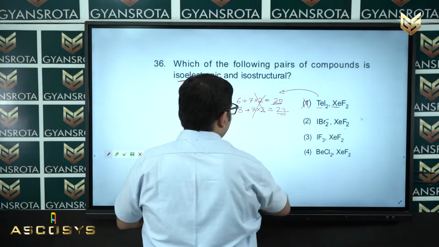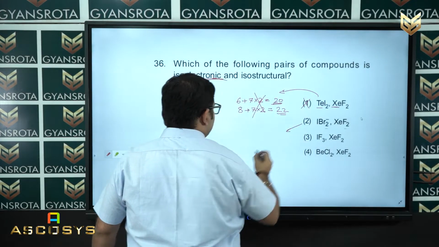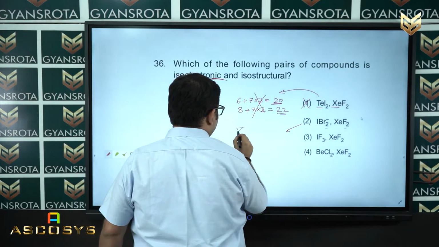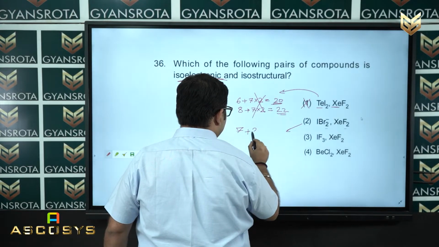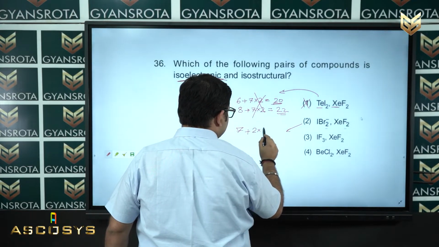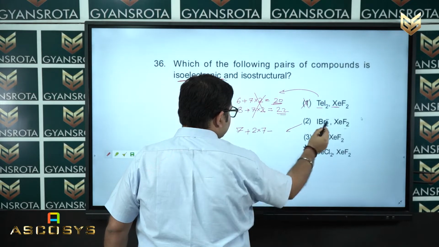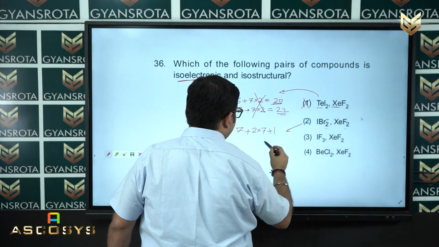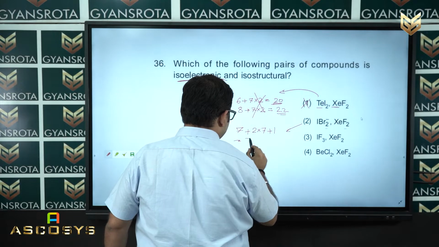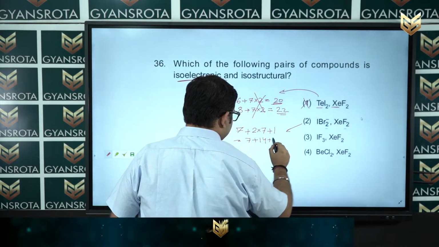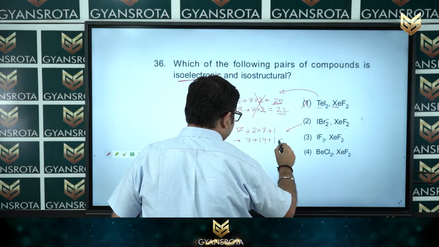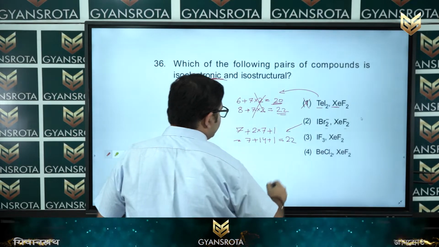Now, we again go for option number 2. For iodine it is 7 plus bromine 2 into 7 plus 1 because of this minus. So, 7 plus 14 plus 1, that is 8, and overall it is coming as 22.